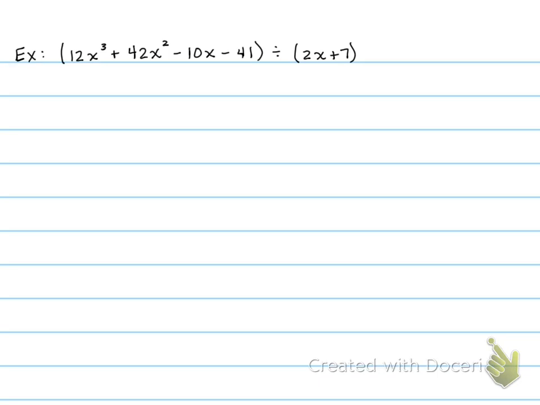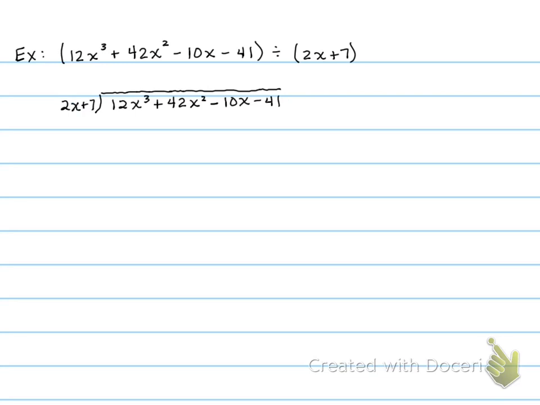So again, we're going to just write this as long division. So 12x to the third plus 42x squared minus 10x minus 41, and then divided by 2x plus 7.